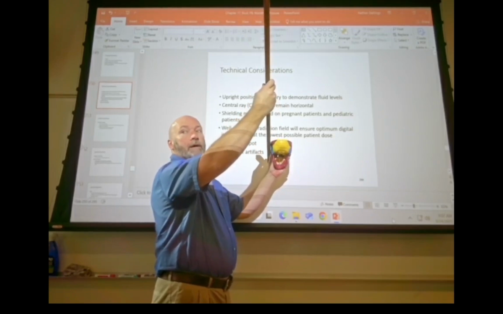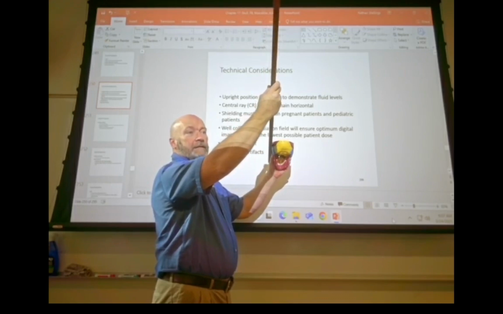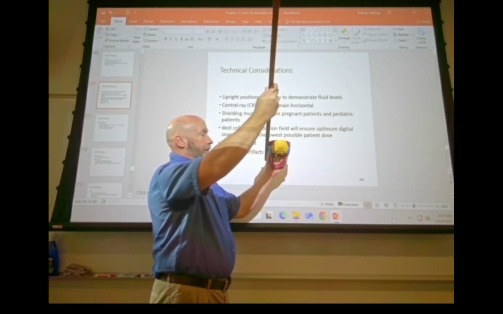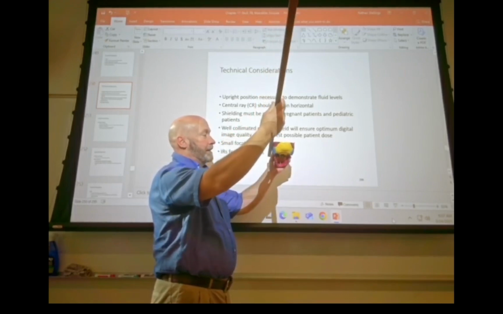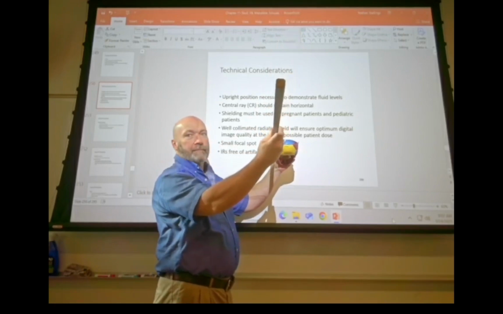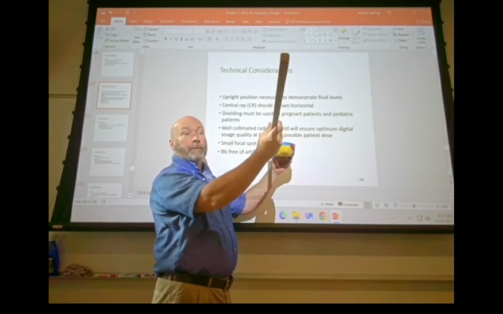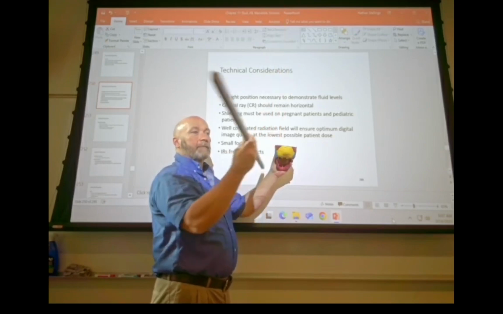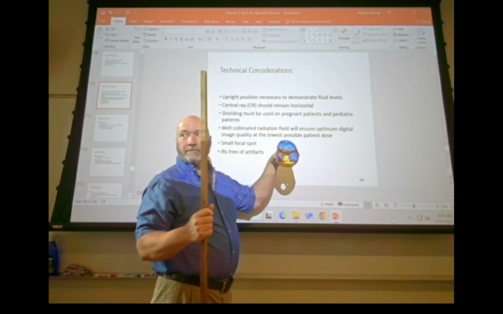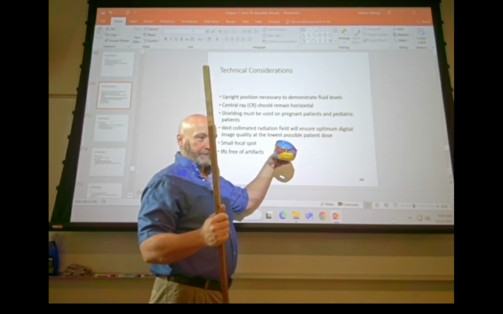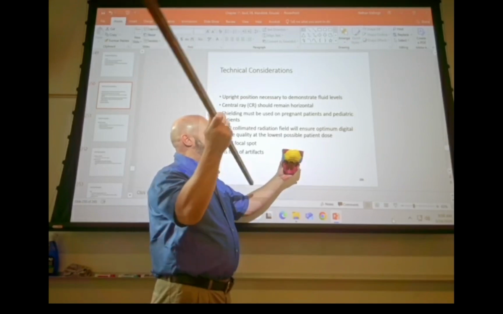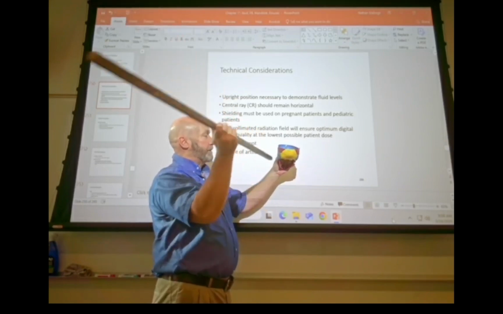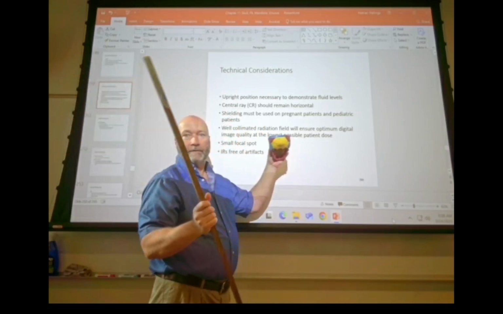With the Caldwell for the sinuses, we're going to maintain a horizontal central ray, but tilt the patient's chin back just a little bit, 15 degrees. So the orbital meatal line forms a 15-degree angulation. Okay? So extend the patient's chin a little bit, not as far as for a Waters, but it's not going to be perpendicular either. It's going to be a 15-degree angulation.